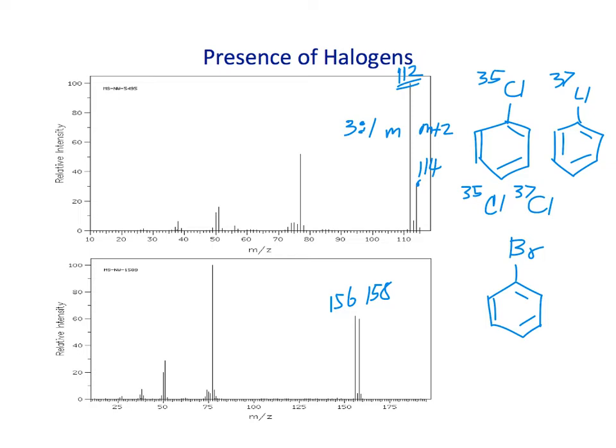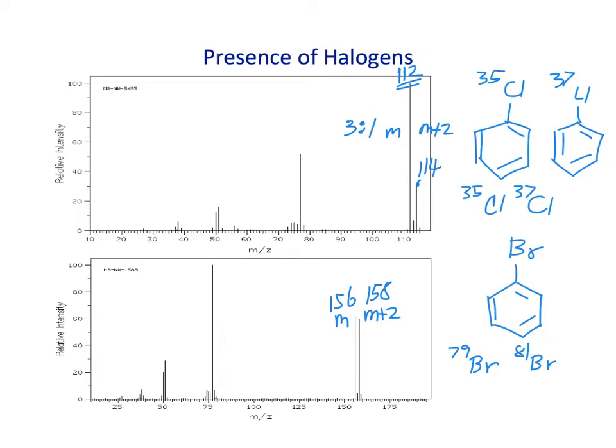Even easier to pick out is this M and M+2 of almost equal amounts for bromine, because bromine has bromine 79 and bromine 81 in almost a 1 to 1 ratio.